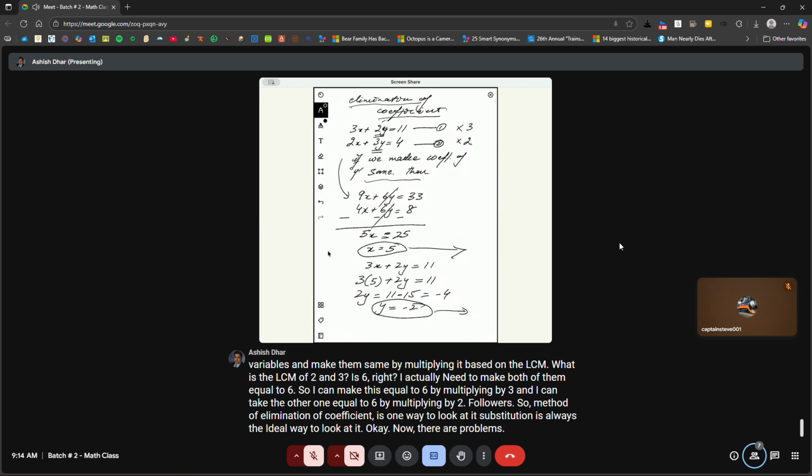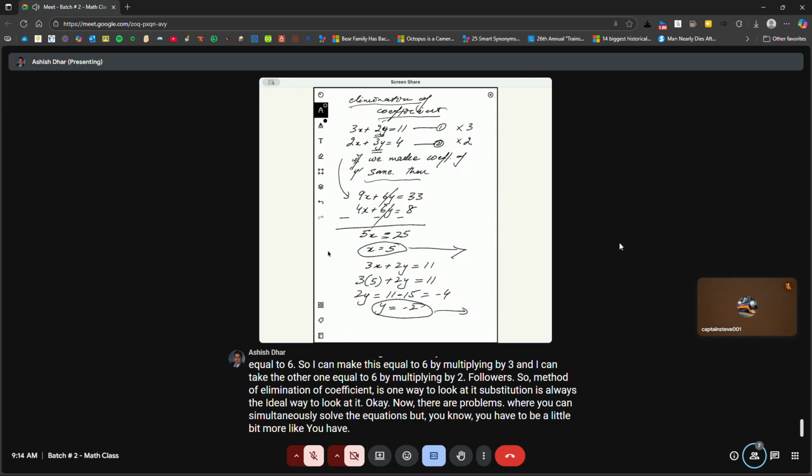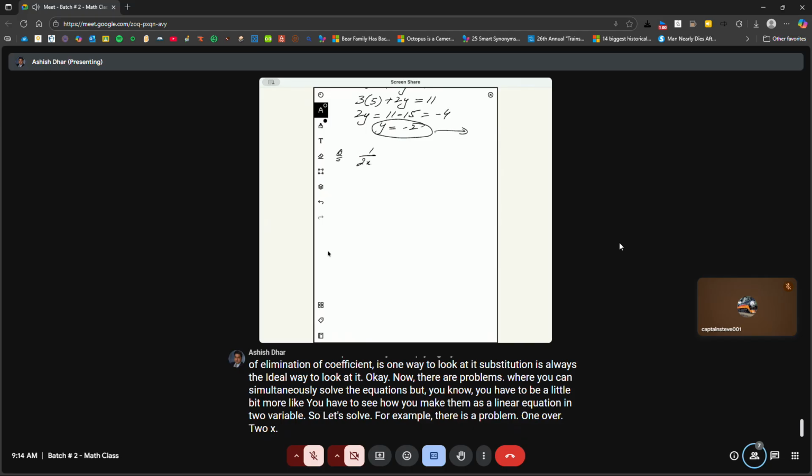Now there are problems where you can simultaneously solve the equations, but you have to be a little bit more careful, like you have to see how you make them a linear equation in two variables. So let's solve, for example, this problem: 1 over 2x minus 1 over y equals negative 1.